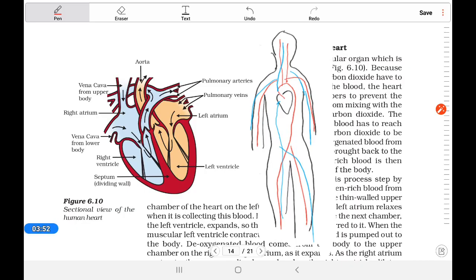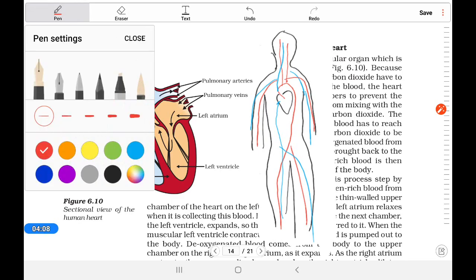Now come here to systemic circulation. In circulation, the blood is circulated and the heart will pump. First we take deoxygenated blood, for which we are using the blue color here.